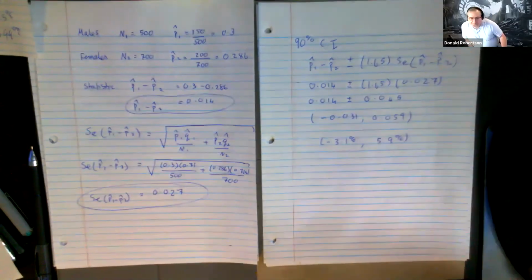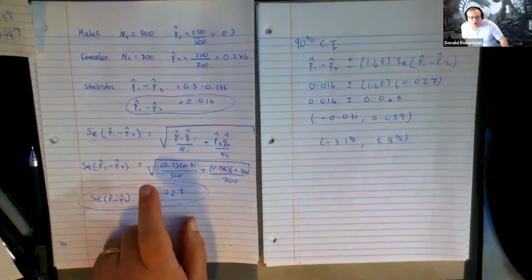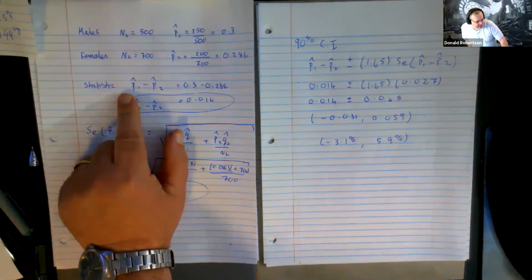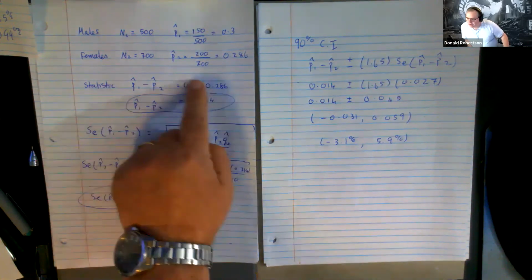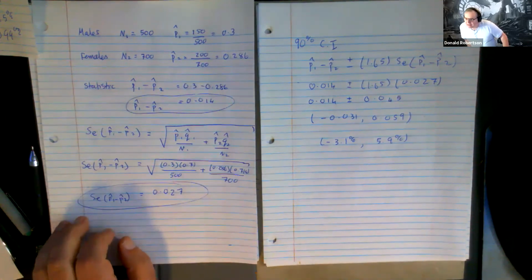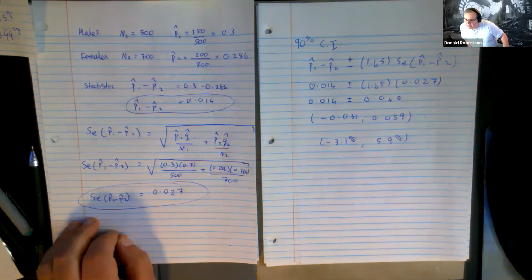Oh, before I forget, there are certain things I haven't mentioned yet. So let me just return back to the data. There are tests on whether or not you're even allowed to do this. Can you remember the np, nq have to be bigger than or equal to 10?